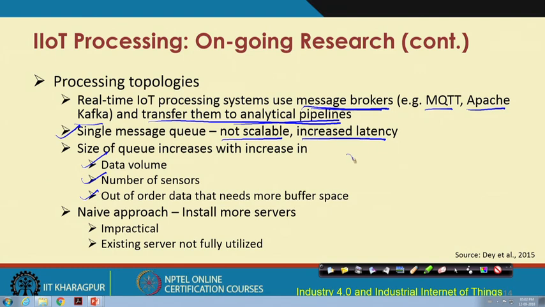All these problems need to be dealt with appropriately. A naive approach to deal with this kind of single message queue based system is to install more servers, but installing more servers is impractical, and it might also lead to improper utilization of the existing server infrastructure.